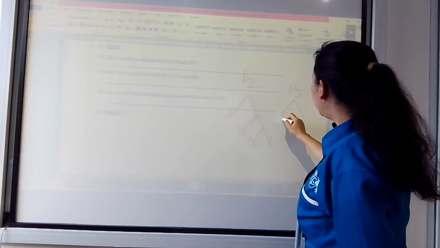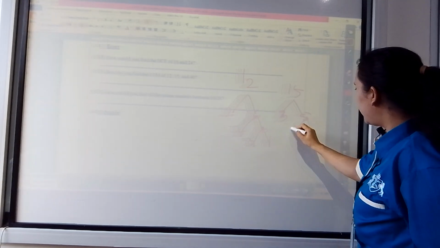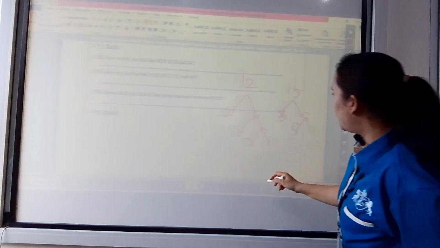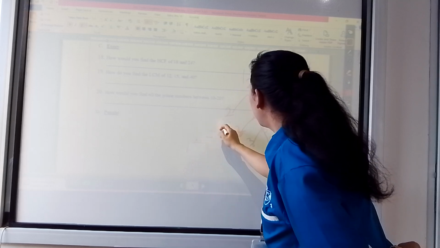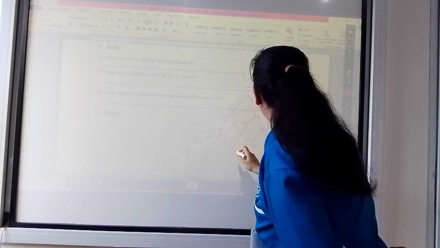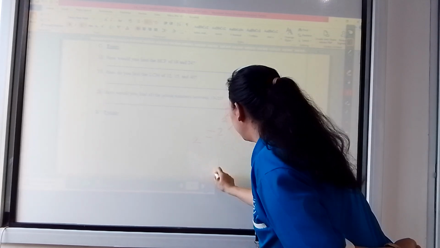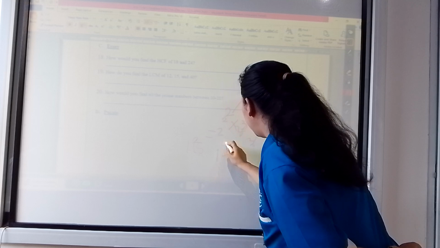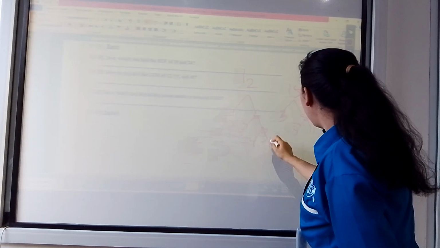Divided by 3, 5, and then divided by 5, 1. So 12 equals 2 squared times 3, while 15 equals 3 times 5.